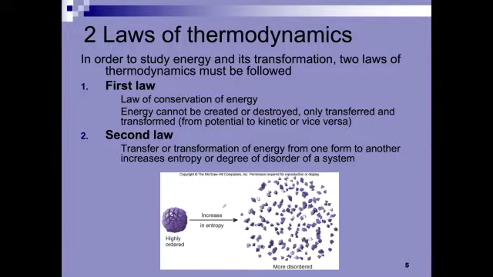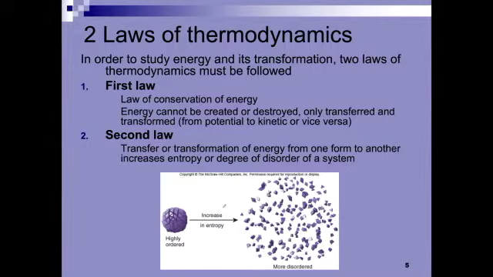But one thing to remember is our second law. In the second law of thermodynamics, during that transfer or transformation of energy, when we move energy from potential to kinetic or kinetic to potential, either way, we get what's called an increase in entropy, or degree of disorder. What that really means is that when we transform energy from one form to another, let's say from potential to kinetic, most of that energy is going to be harnessed for work, right?